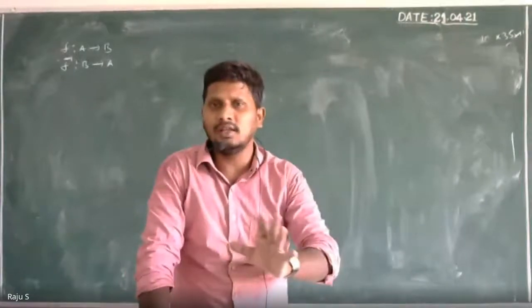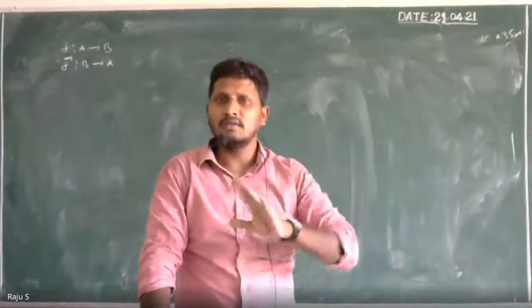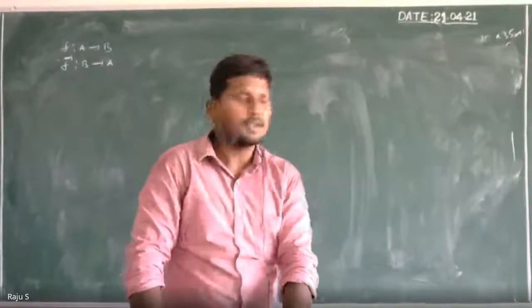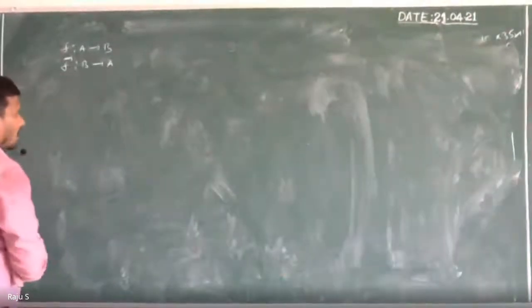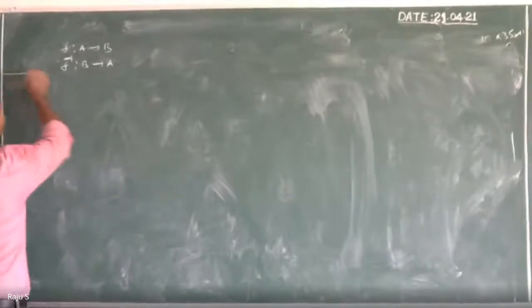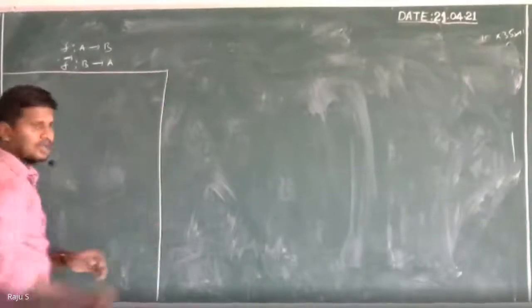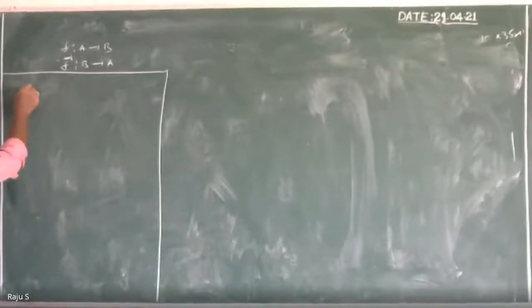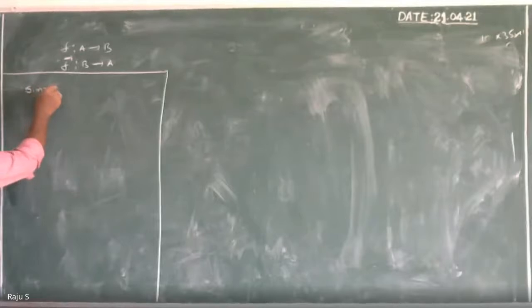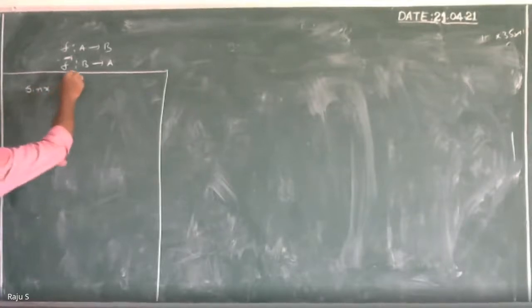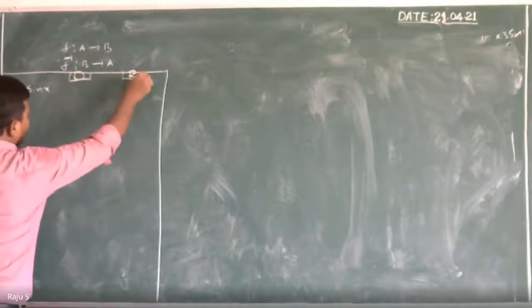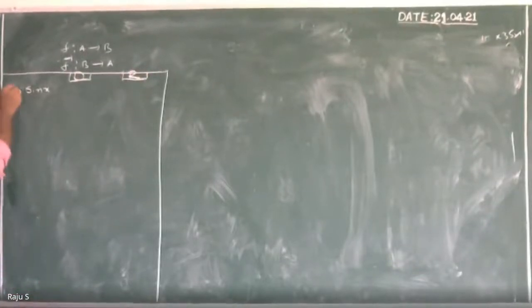Then we can easily do the inverse functions. Okay, first let us discuss trigonometric functions. How many trigonometric functions are there? Six. What are they? First one is sin x. I'm going to write the domain and range.